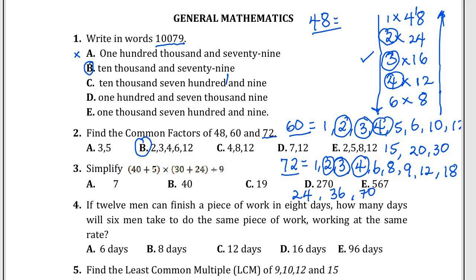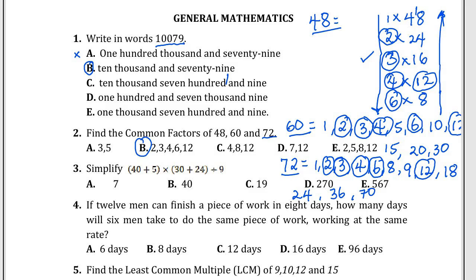What else do they have in common? 6. 48 has 6, 60 has 6, 72 has 6. What else? 12. Yes, 48 has 12, 60 has 12, and 72 has 12. I think that's all. So that's why the right option is B: 2, 3, 4, 6, and 12.